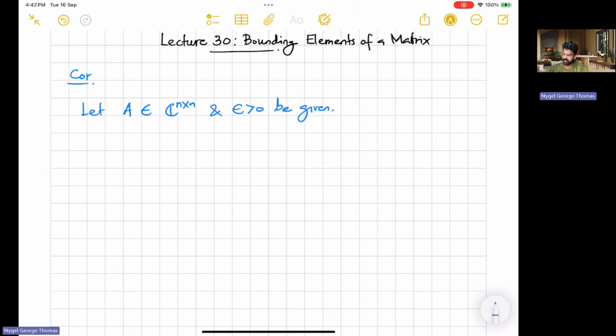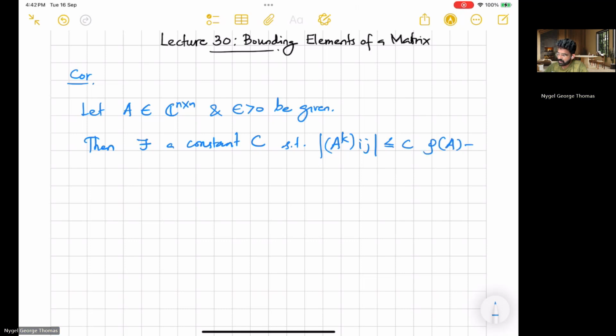If this is given, then there exists a constant C such that for the kth power of A, the ijth element of A^k will be less than or equal to this constant C times (rho of A plus epsilon) raised to k.